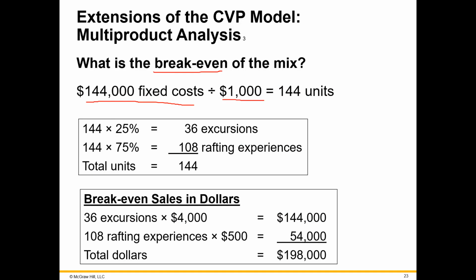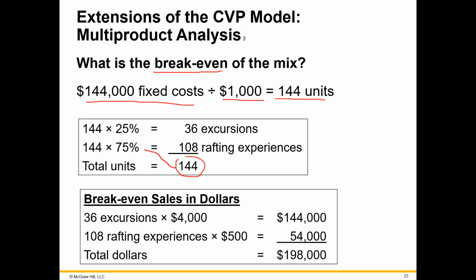So when we do 144 times 75%, we get 108 rafting trips, and 25% times 144 is 36 excursion trips.